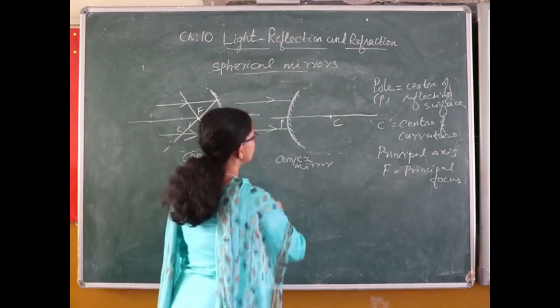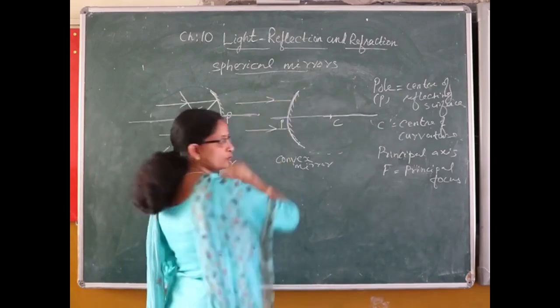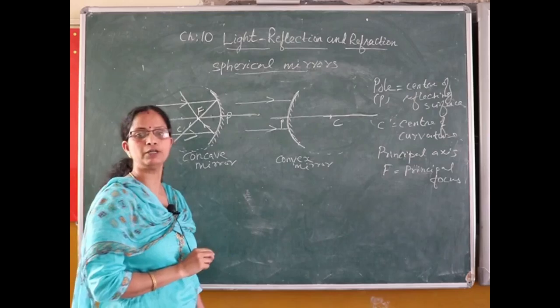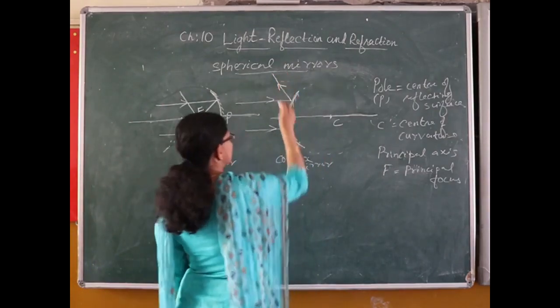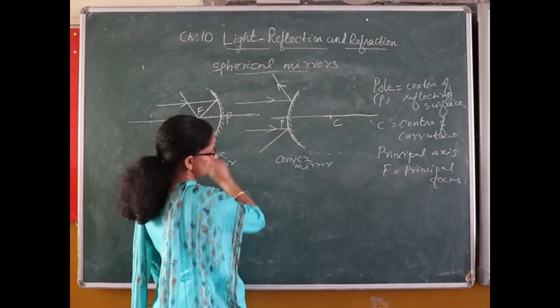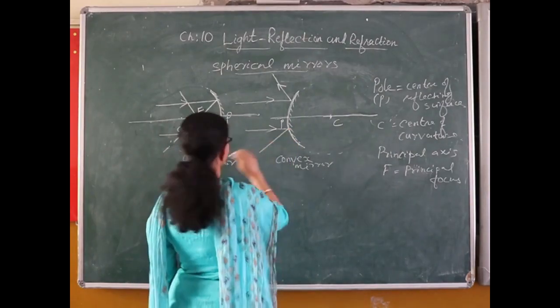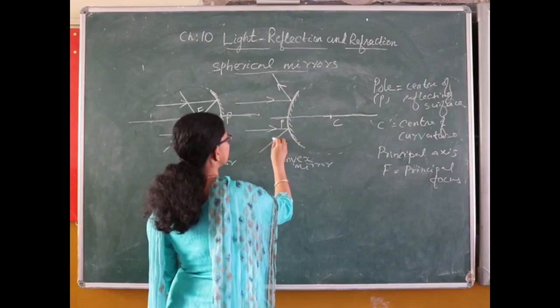But in a convex mirror, after reflection the rays do not come closer, instead they move away, they diverge. So this mirror is also known as a diverging mirror, whereas a concave mirror is called a converging mirror.